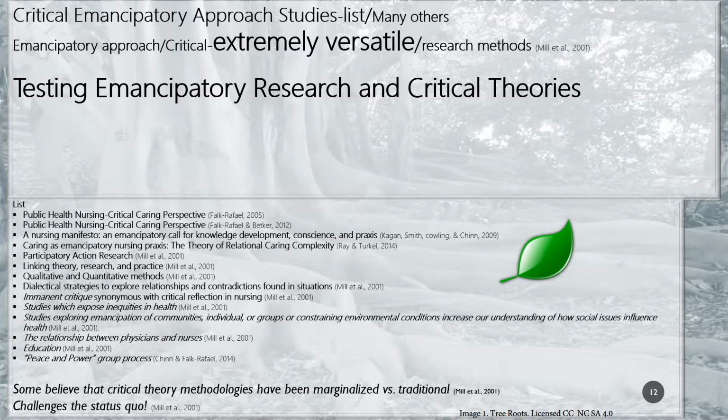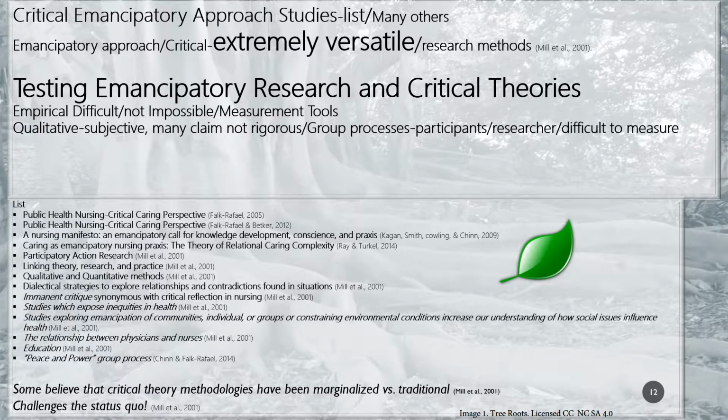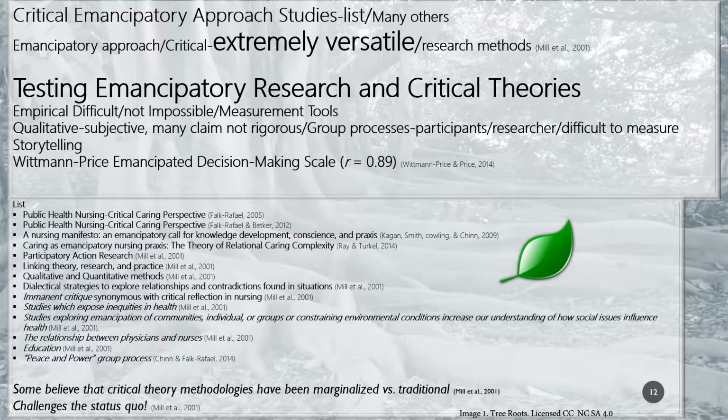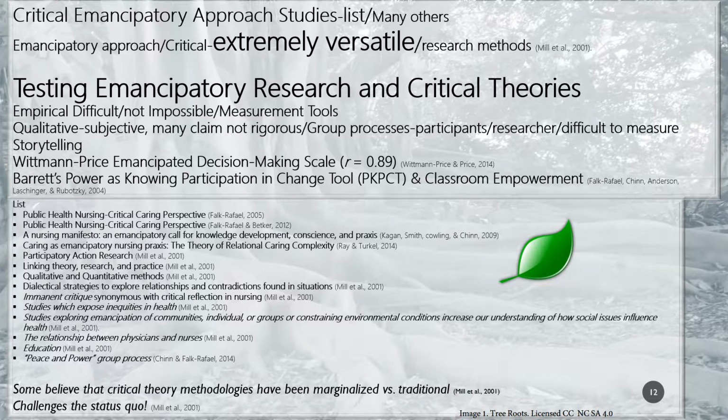Generating empirical data is difficult but not impossible, and there have been tools that have been developed. And most critical research involves qualitative studies through group processes or phenomenological interviewing, or also storytelling is one method. And then I've listed a couple of the empirical tools to measure outcomes.